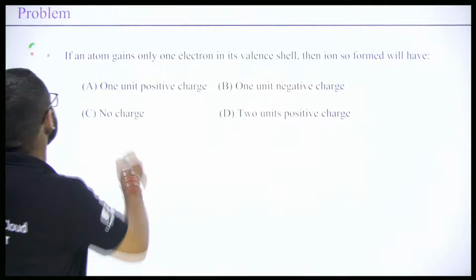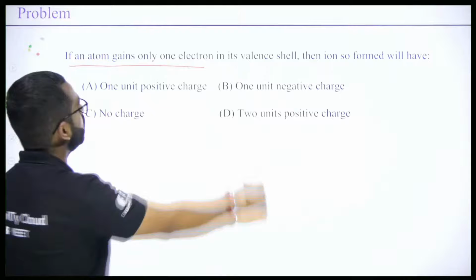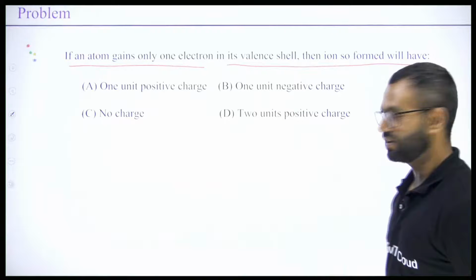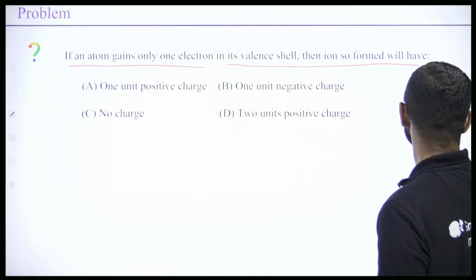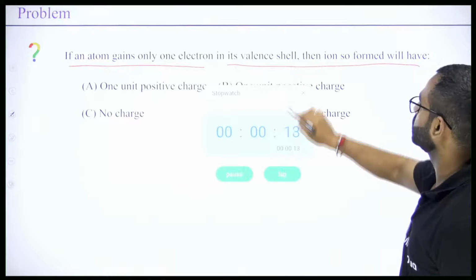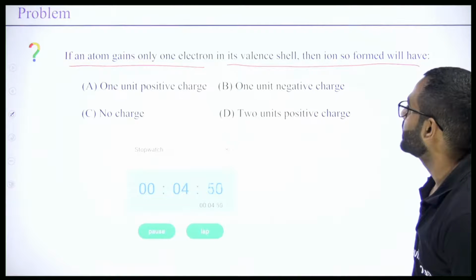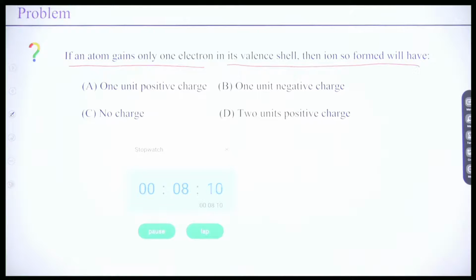If atom gains only 1 electron in its valence shell, then ions so formed will have what? This question we have just gone through. So I don't think it's a difficult one. Take your time and give the answer.